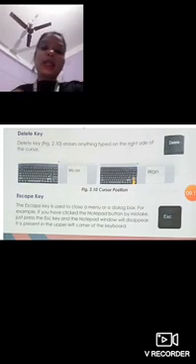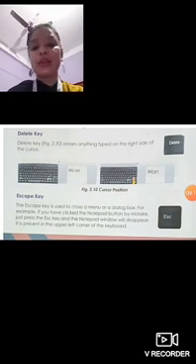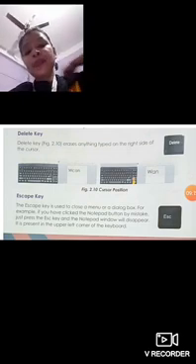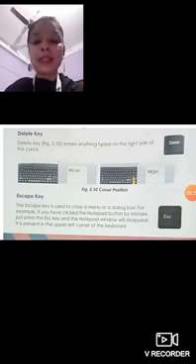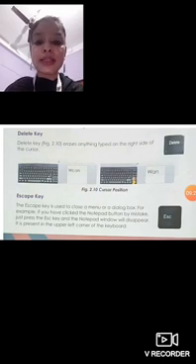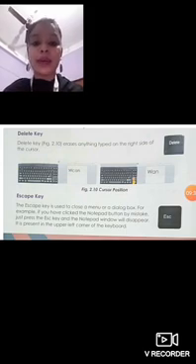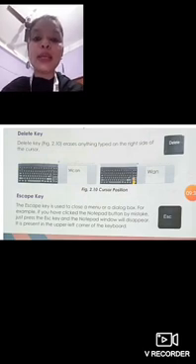Suppose you are typing something and suddenly you have pressed something and a menu pops up on the computer. How to remove that? You just press the escape key and it will automatically be removed from the monitor screen.